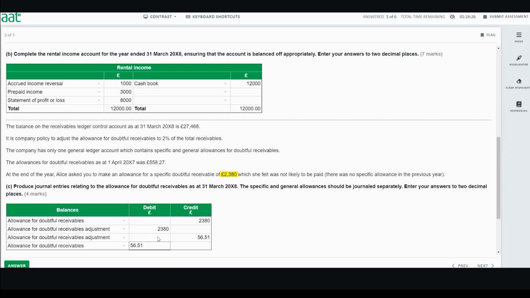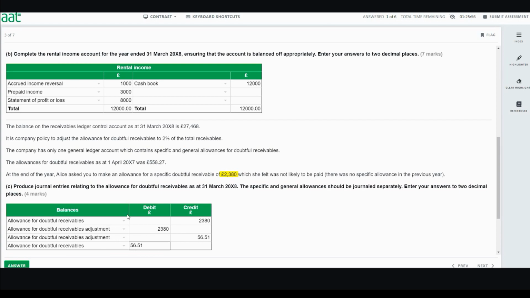I had 558.27 as my provision, which would have been credited in the statement of financial position, and because I need to reduce that, I need to debit my allowance for doubtful receivables, and I need to credit the adjustment account so that it reduces the general provision.